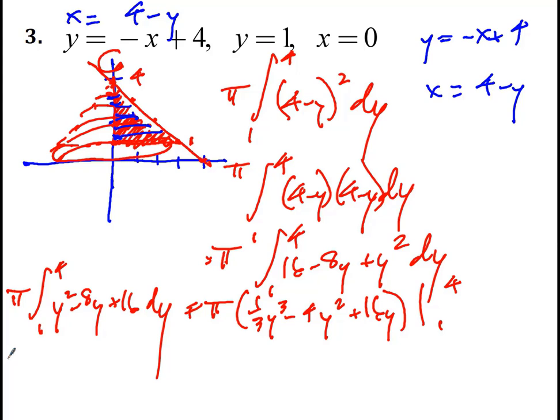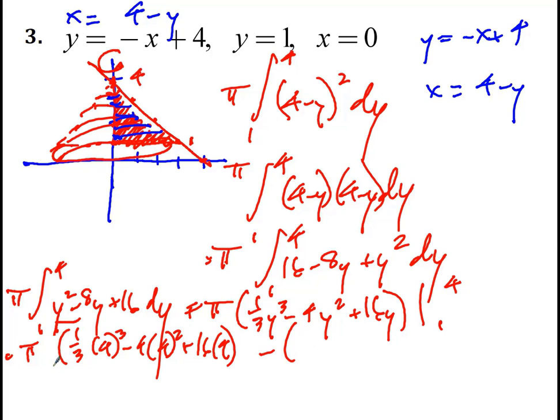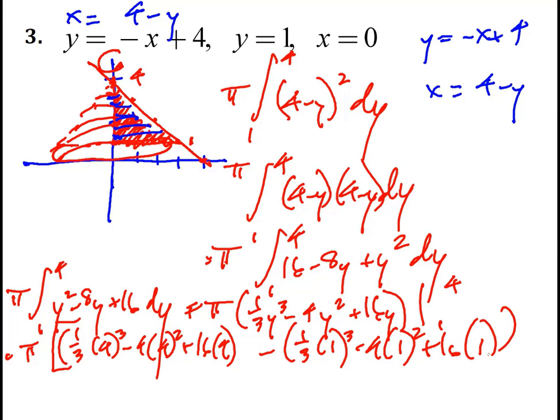Okay? So let's substitute in 4 first. So 1/3 4 cubed minus 4 times 4 squared plus 16 times 4, minus, and we've got to plug in 1 now: 1/3 1 cubed minus 4 times 1 squared plus 16 times 1. And so that pi is still going to be out there. So 4 cubed is 64.